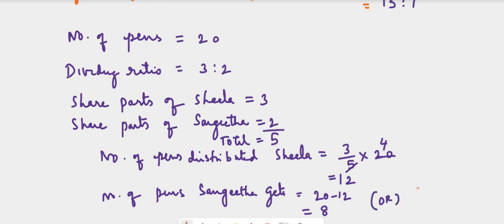For that, parts of Sangeeta 2 by total into total pens. You can do in any method. Sometimes if you make a mistake in this one, this also will be a mistake. So if you do individually, sometimes 3 ratios will be given. At that time you have to do separately.